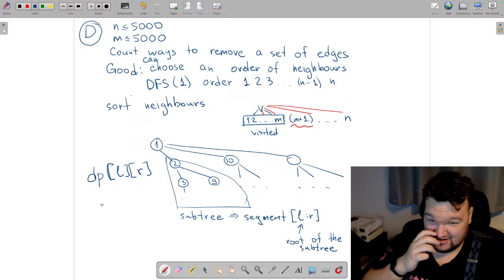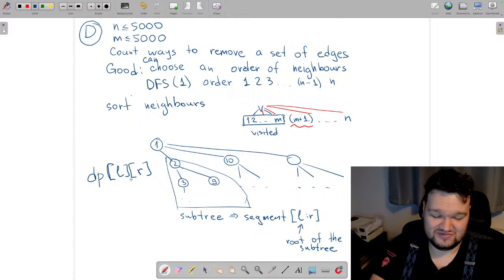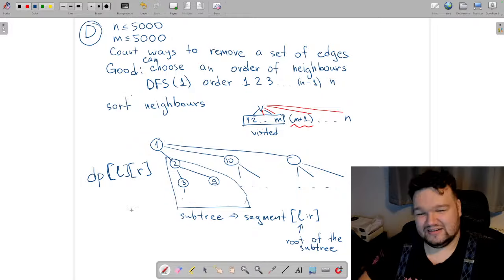Because we just want to understand the DP structure, and then we will define exactly what we are counting, so that in the end we count what we need. So how can we build a subtree that covers this segment?